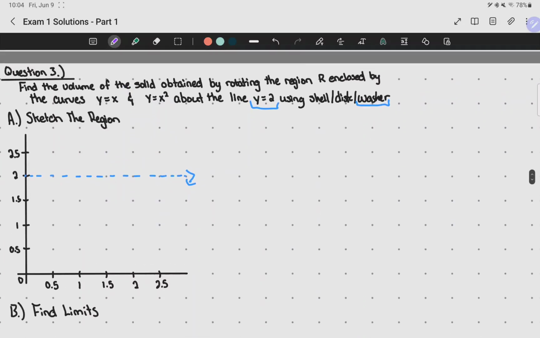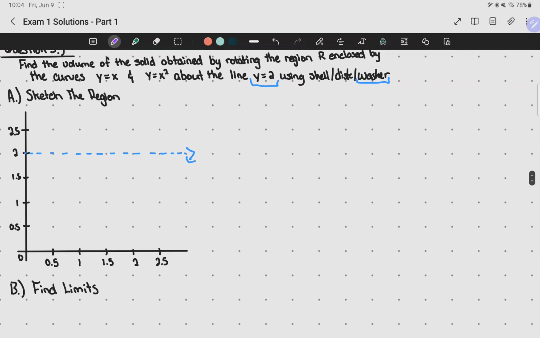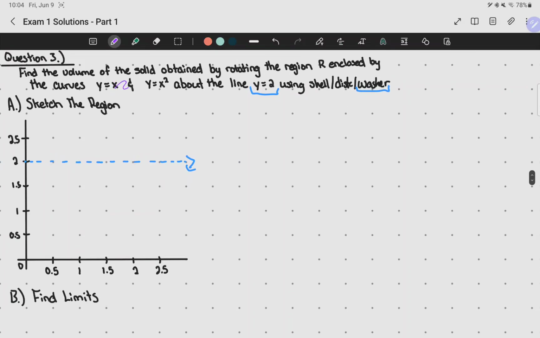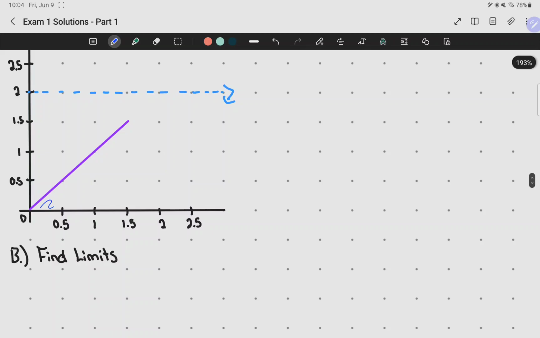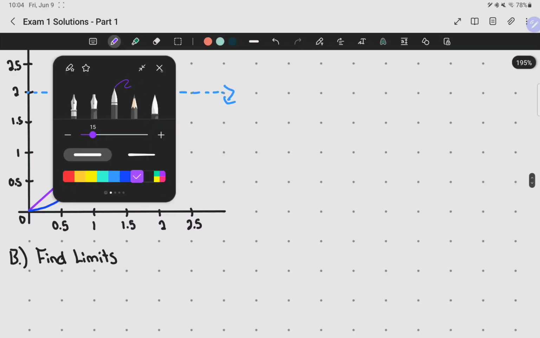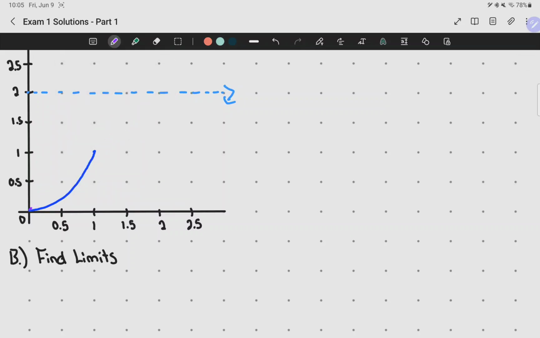Our next step is sketching the region. Start with y equals x. We're going to draw it a little longer than necessary for right now. Then y equals x squared.